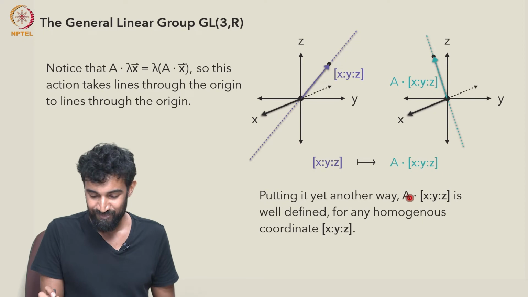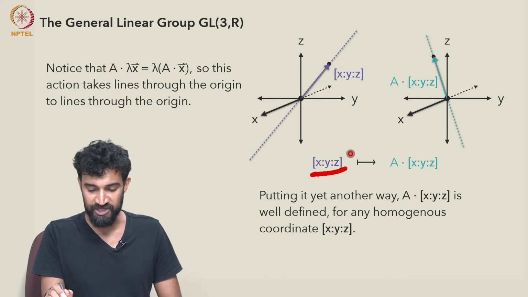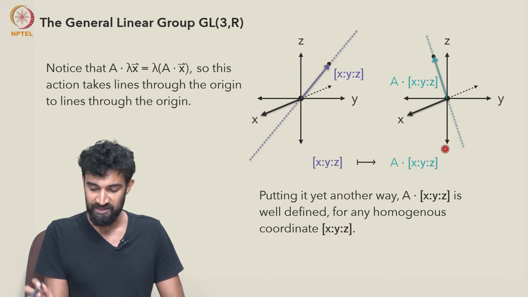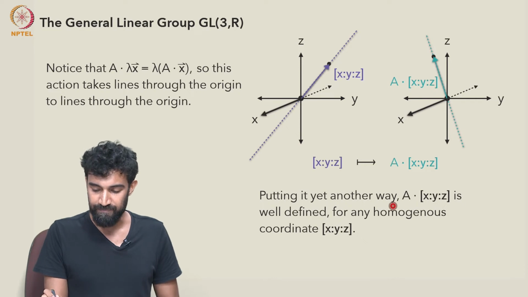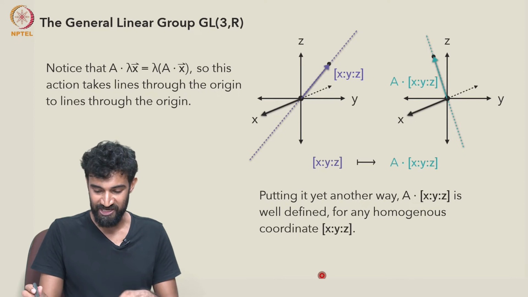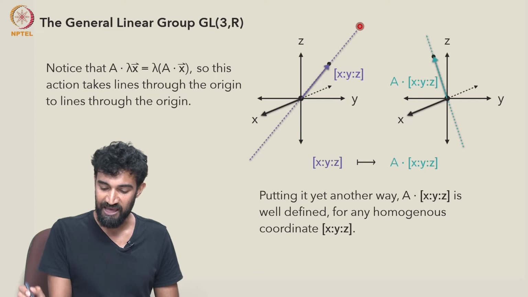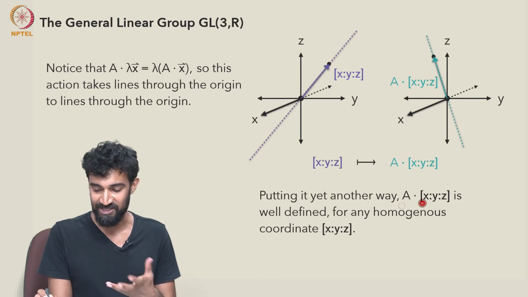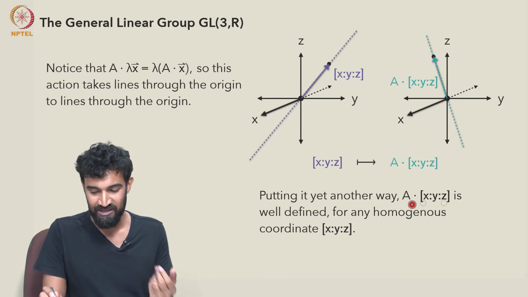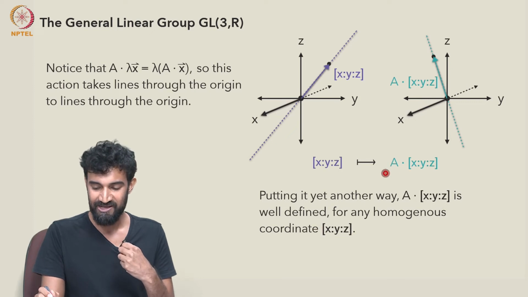Putting it yet another way, we can write this line using homogeneous coordinates, and we can write this line using homogeneous coordinates. And this is now a well-defined expression. The matrix A acts on homogeneous coordinates. We can take a homogeneous coordinate representation of this line, and it makes sense to say A dot this, because we can just take any representative x, y, z, apply the matrix A to it, and then write the resulting thing in homogeneous coordinates to get the image.